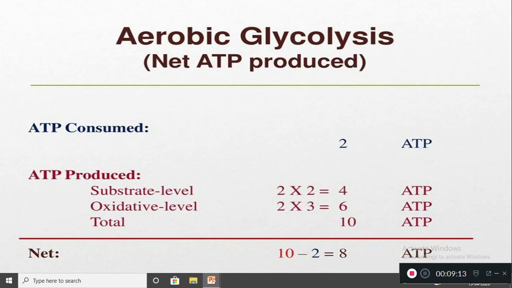Similarly, 3 ATP molecules are produced from the two reaction agents. So totally 6 plus 4, 10. Already we have 2 consumed. So the net gain for us is 10 minus 2, that is 8 ATP molecules we are getting. So this is in the aerobic glycolysis. We are getting 8 ATP molecules.